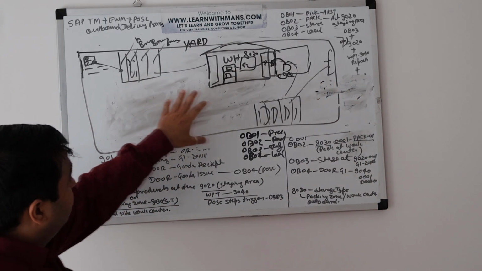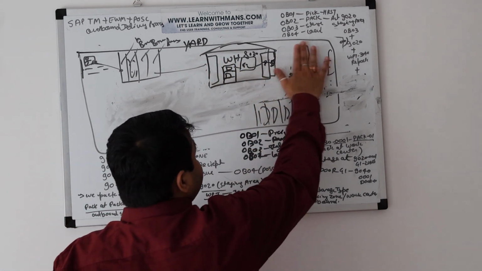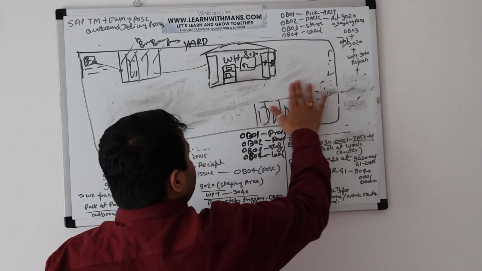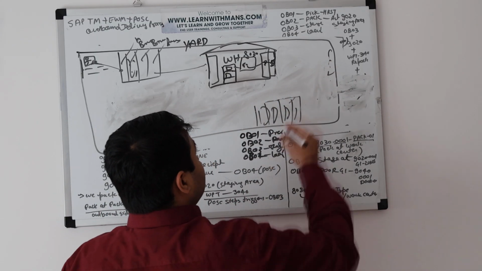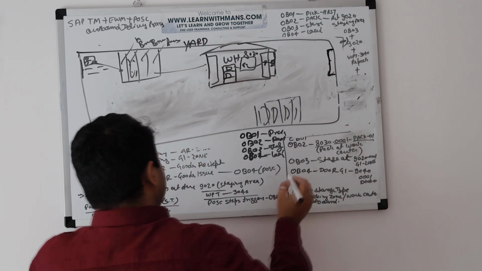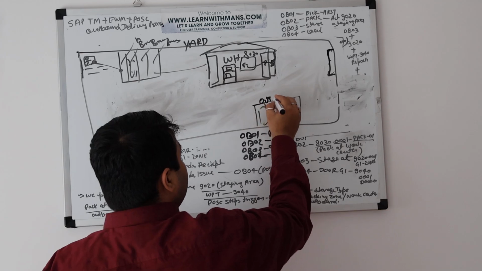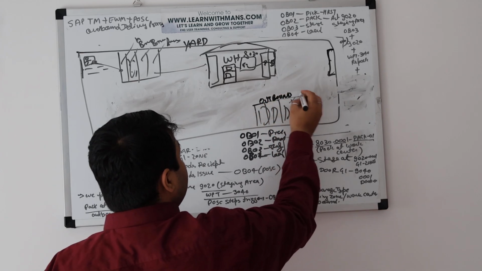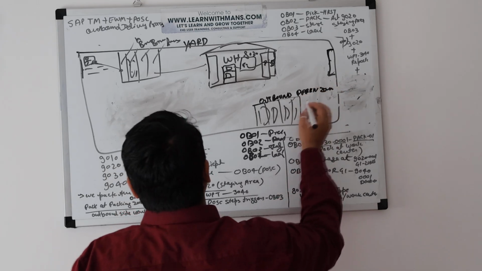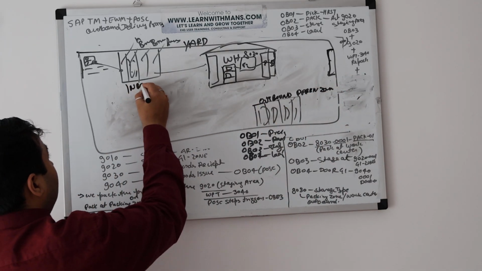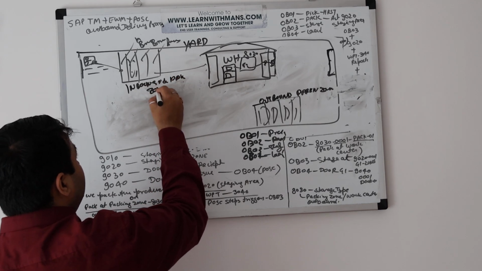So here we see this is my warehouse located inside the yard boundary. What is the main thing here? This is the outbound side parking zone, and the inbound side parking zone.